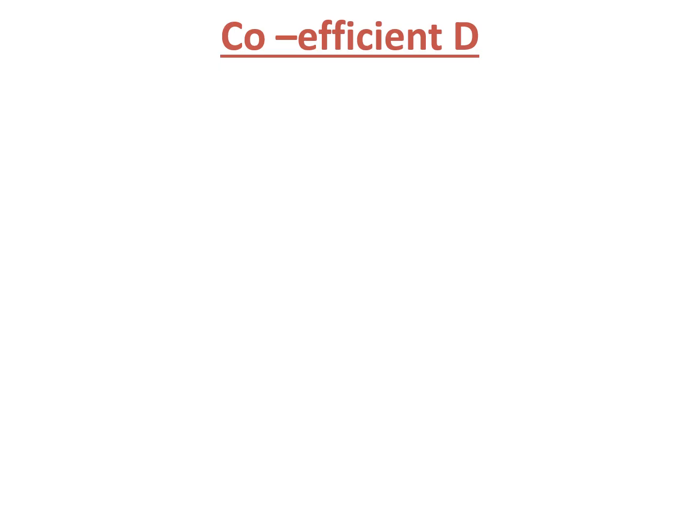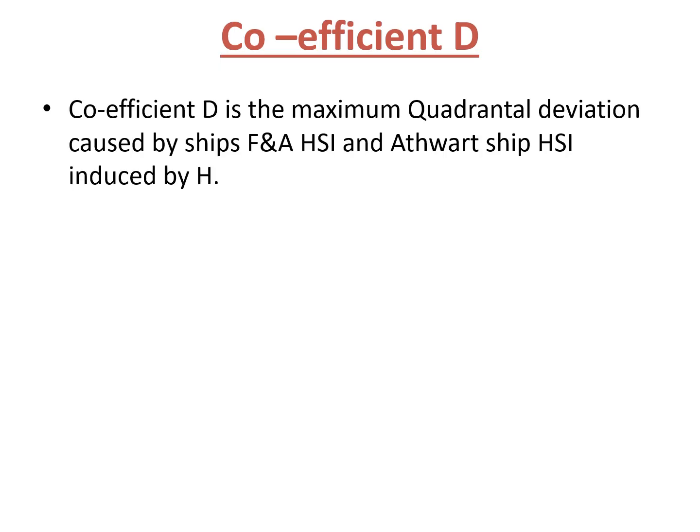Let us see coefficient D. What is coefficient D? Coefficient D is the maximum quadrantal deviation. It is not semicircular. Remember that coefficient D is the quadrantal deviation, whereas coefficients B and C are semicircular deviation. Coefficient D is the maximum quadrantal deviation caused by ship's fore and aft HSI and athwart ship HSI induced by H. We have already drawn this graph, and we have seen that this fore and aft HSI and athwart ship HSI gives us a sine 2 theta curve, right?